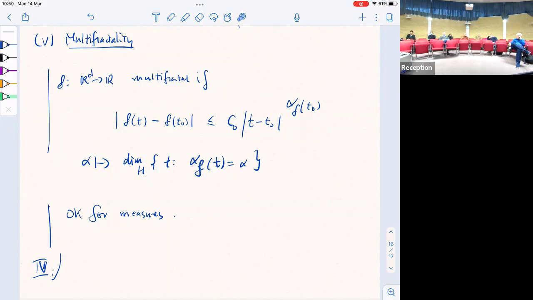You see, when you think about occupation measure, which is defined in this way, if we want to study multifractal analysis, for instance, the Holder exponent of this measure at every point, then it is often the case that we can construct exceptional sets on the time interval, a subset of [0,1], and then map it to the space such that it satisfies certain spatial properties for the occupation measure.